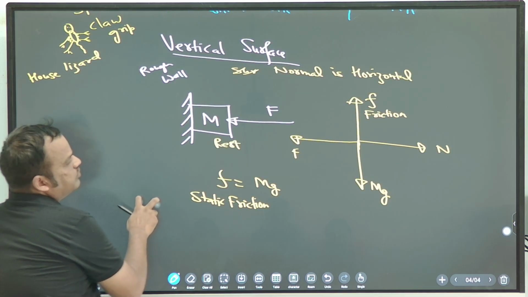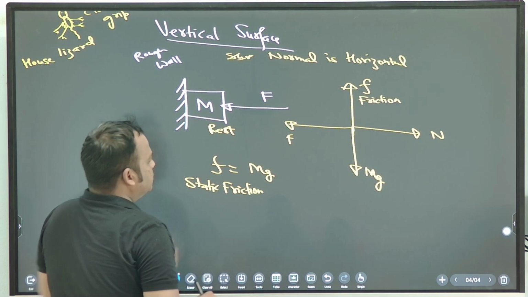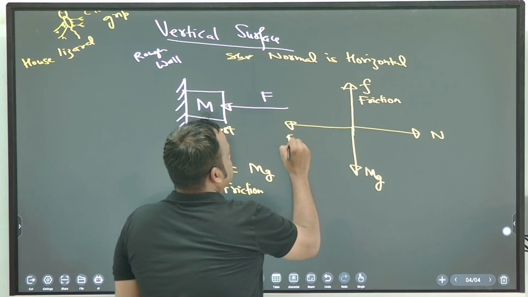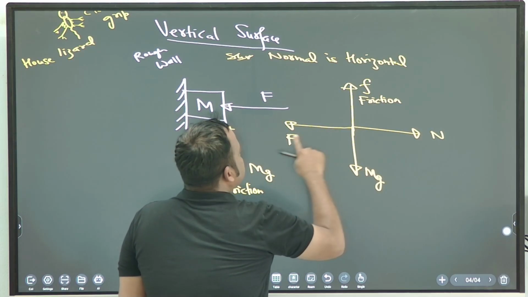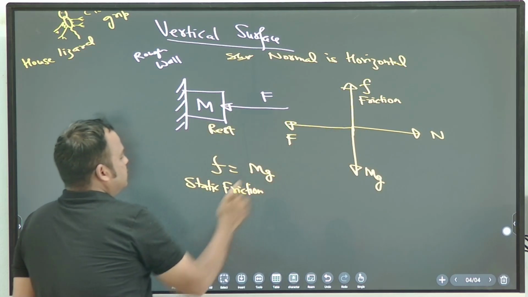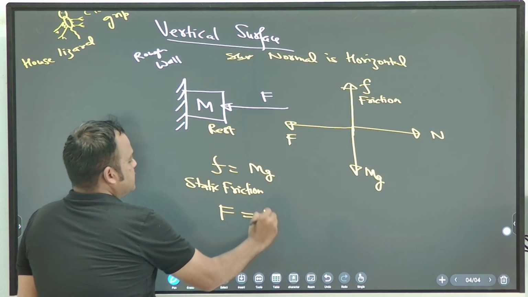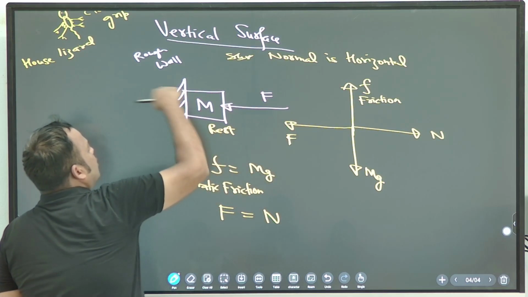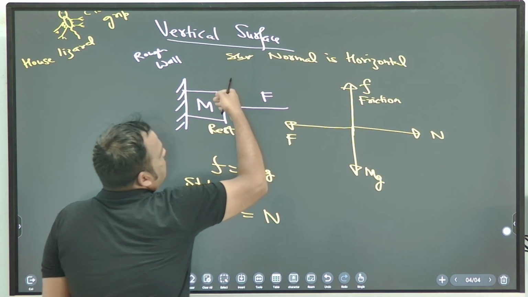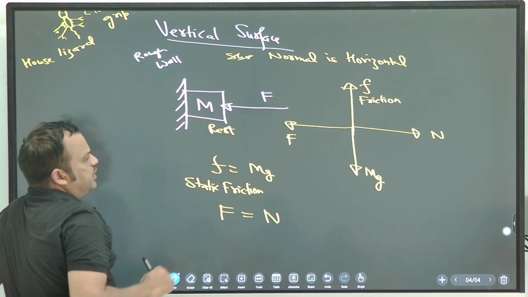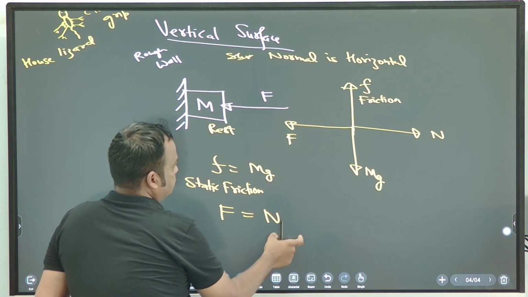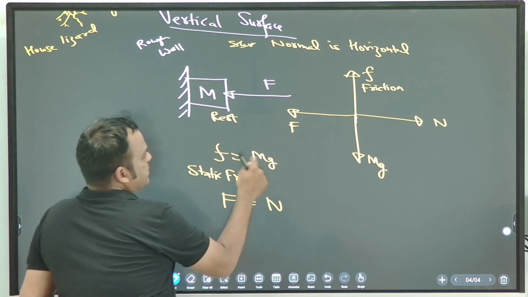And normal value is F. Note down, N equals capital F. Suppose you exert 1 Newton here, so normal is also 1 Newton. If you exert 2 Newton, normal is 2 Newton. Friction is mg.